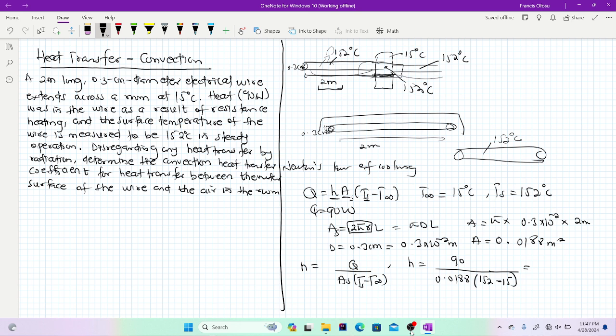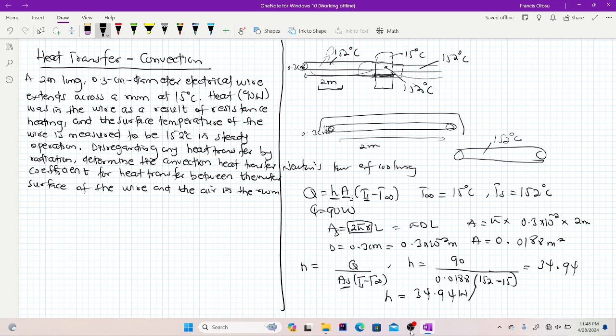Doing this, we get 34.94. So h is 34.94.